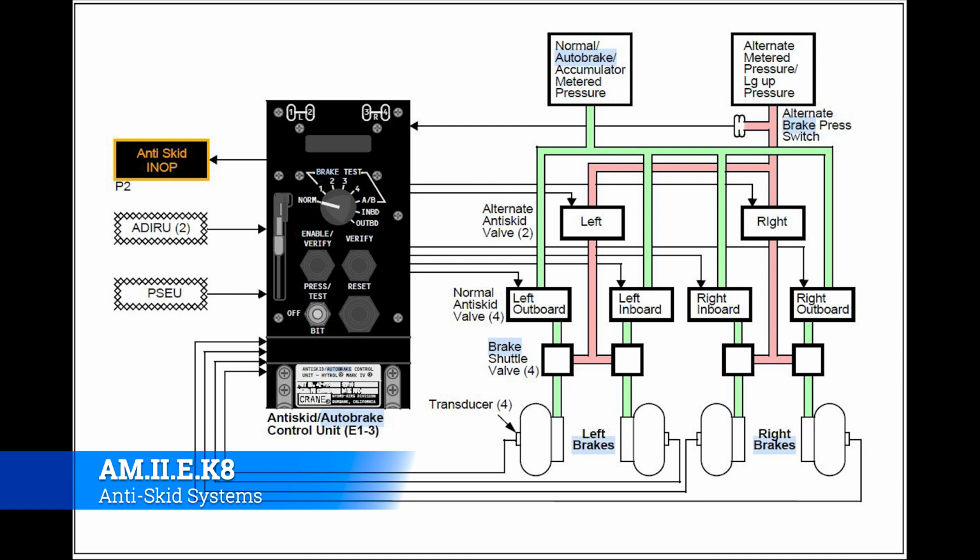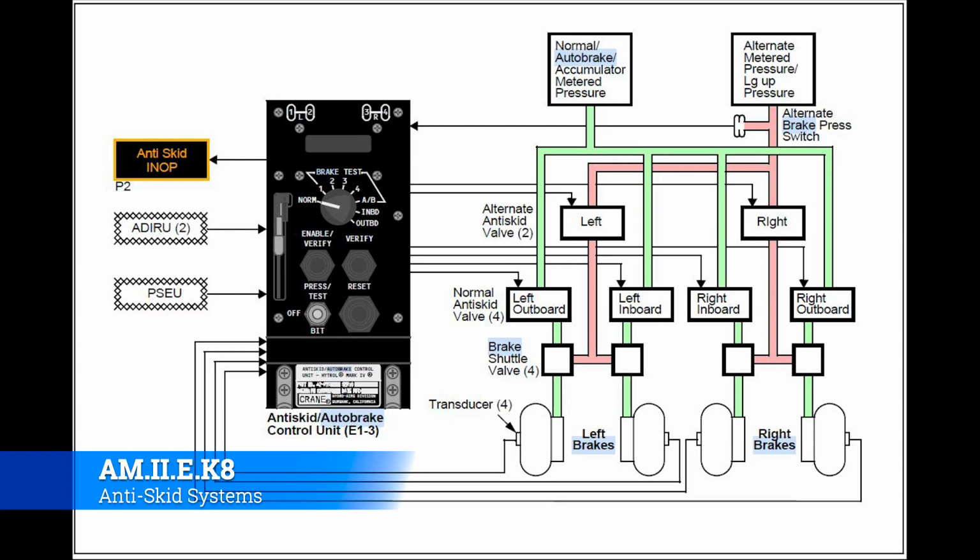Now, other control inputs. So we'll pause with that. If you have a problem with your anti-skid system, know that one of the best ways to do systems troubleshooting is to simply know the system. If you know what information it's getting from where, and you know what information that LRU is pushing back out, you can start to figure out where the breakdown is in communication along that pathway.